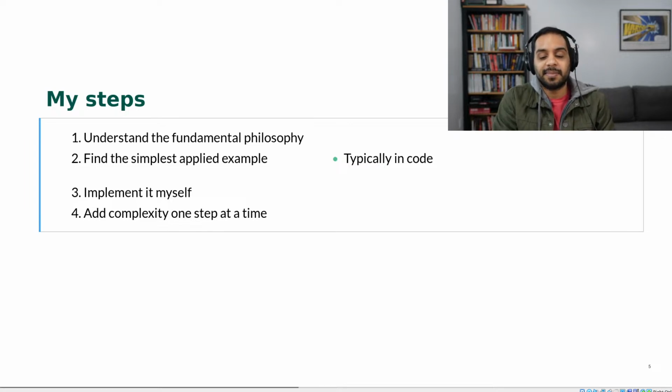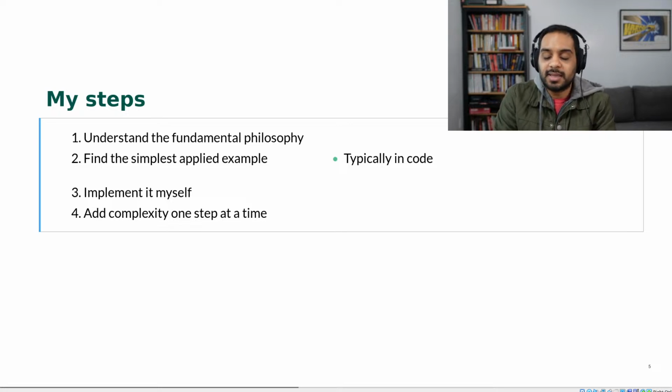So an important step is I have a tough time retaining things if I read them, but I do a better job once I've gone through it once myself. So with the COVID example and when I was learning Bayes' theorem, I would just write out the computations that you saw in the last chapter on my own, and I would see how it works. And then really it's just a matter of adding complexity one step at a time.